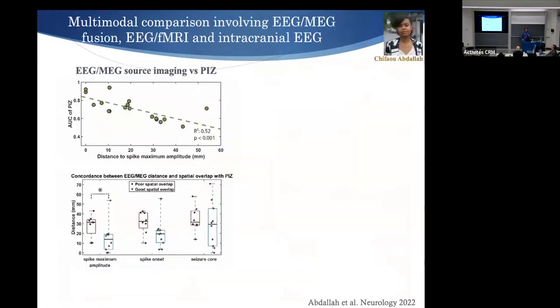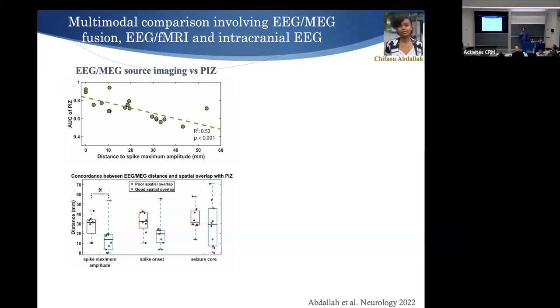So to summarize what we get, here I'm showing you the spatial overlap, the area under the ROC curve, as a function of the distance to the spike maximum amplitude. What we found is that when we localize closer to the SEEG finding, the spike of maximum amplitude, we also get a very good spatial overlap, which is kind of expected.